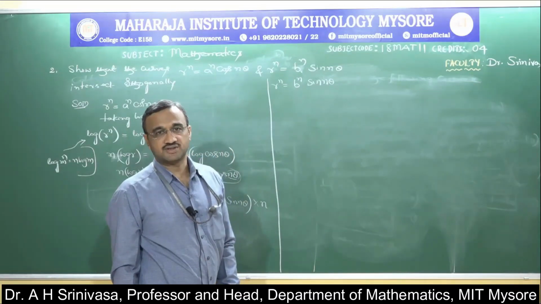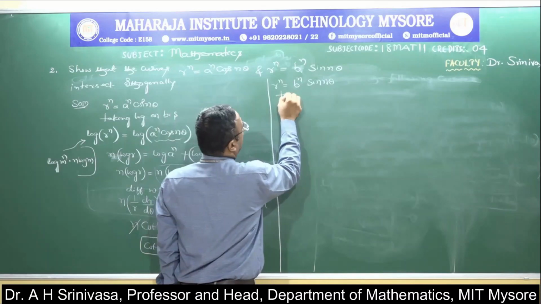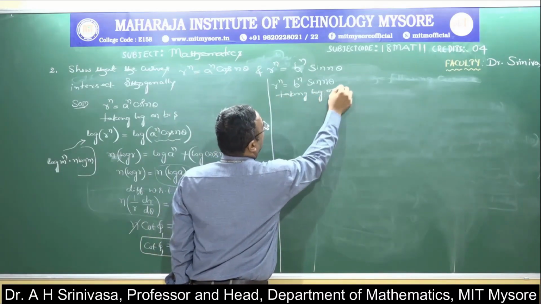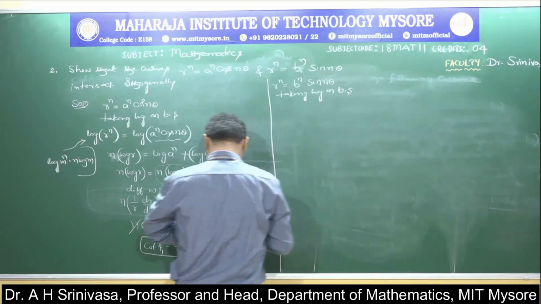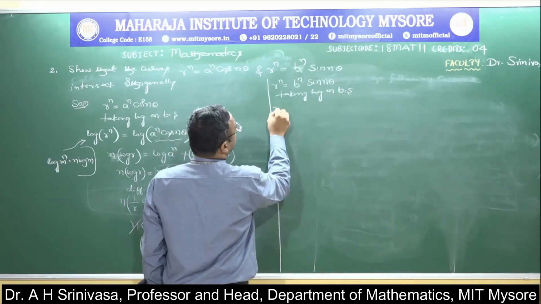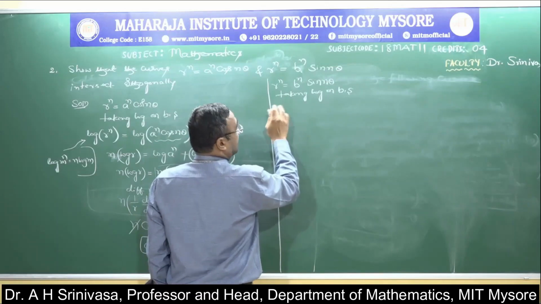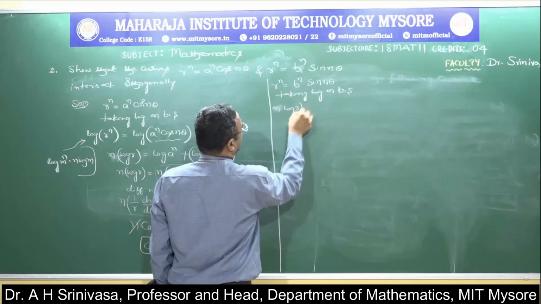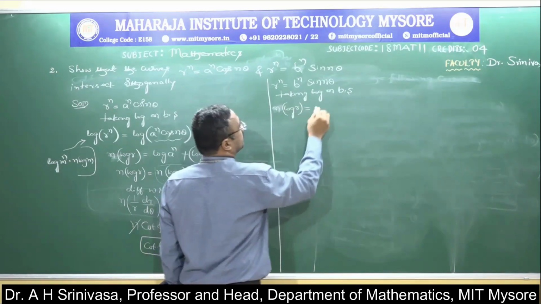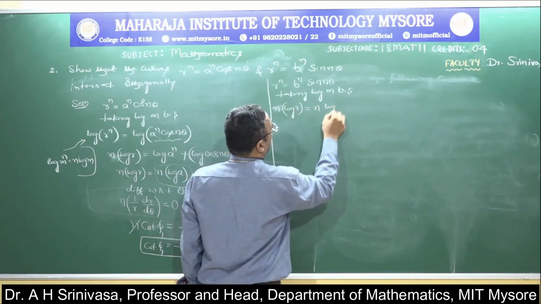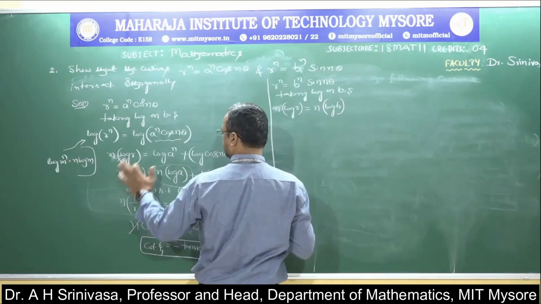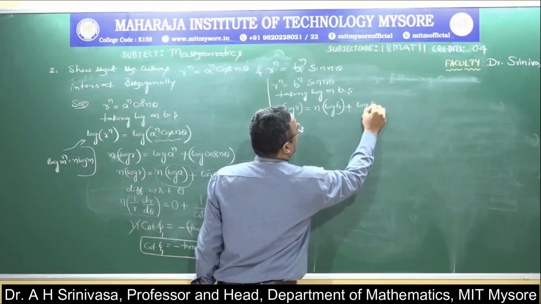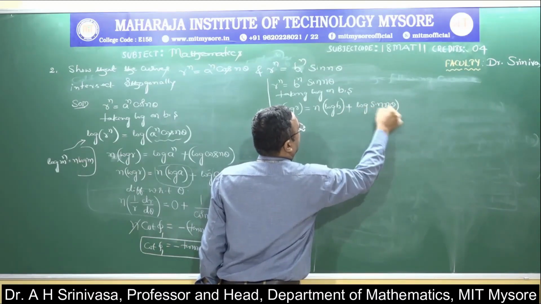Now taking log on both sides, n into log r should be equal to n into log b. I am just following the procedure of the previous one. Plus logarithm of sin n theta.